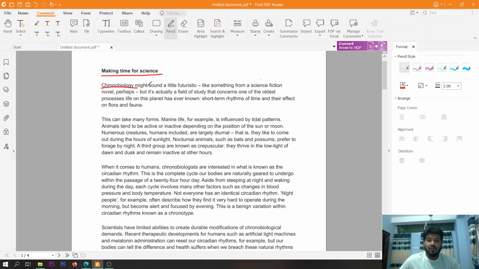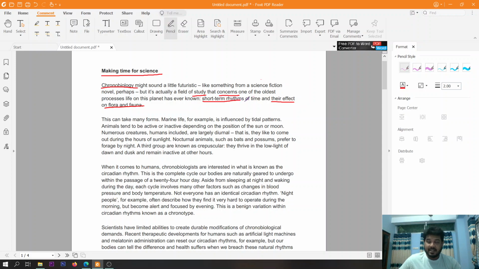It says, chronobiology might sound a little futuristic, like something from a science fiction novel perhaps, but it's actually a field of study that concerns one of the oldest processes of life on this planet has ever known. Short-term rhythms of time and their effects on flora and fauna.